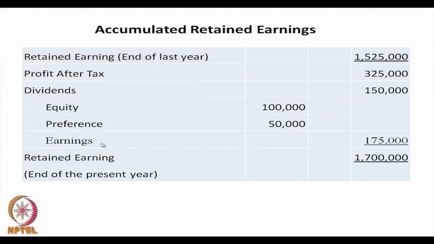Earnings is basically the difference if we subtract dividends from profit after tax. So, 150,000 to be subtracted from 325, we are left with 175,000 rupees. This 175,000 rupees is added to 1,525,000 rupees, which was the retained earning at the end of last year. So, the retained earning at the end of this year becomes 1,700,000 rupees. This is called the accumulated retained earning statement.